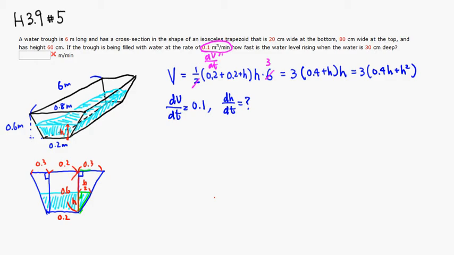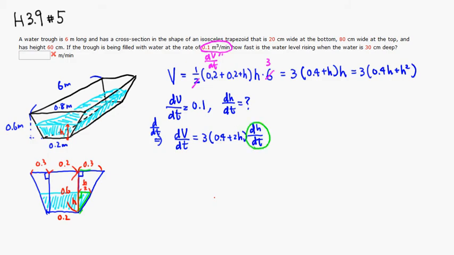So what you can do is just go ahead and take the derivative. If you take the derivative of the volume V with respect to t, we get dV over dt equal to 3, just a number, times the derivative of 0.4H, which is 0.4, plus the derivative of H squared, which is 2H, but we have to multiply by dH over dt. That's good news because this is the quantity we're looking for.